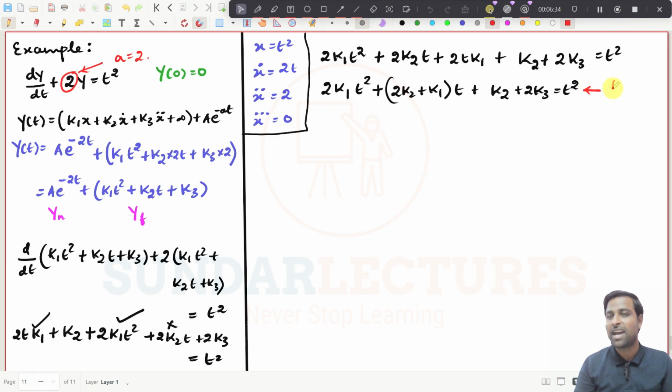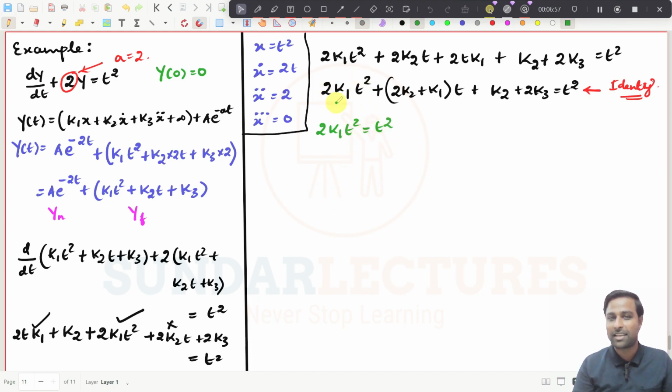See, what is this? This is the identity, right? If it is an identity, then what you can directly relate? You can directly relate this term to the t square term. So 2k1 t square should be equal to what? T square, right? Can you understand?